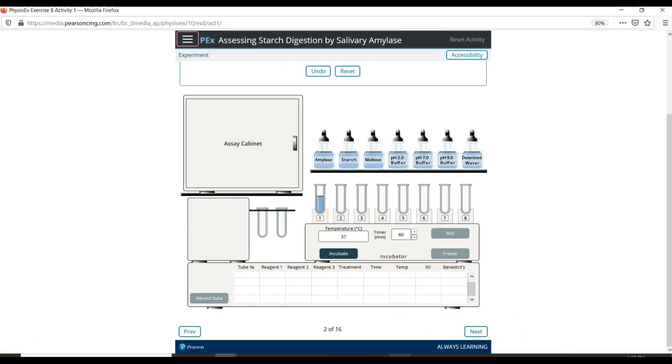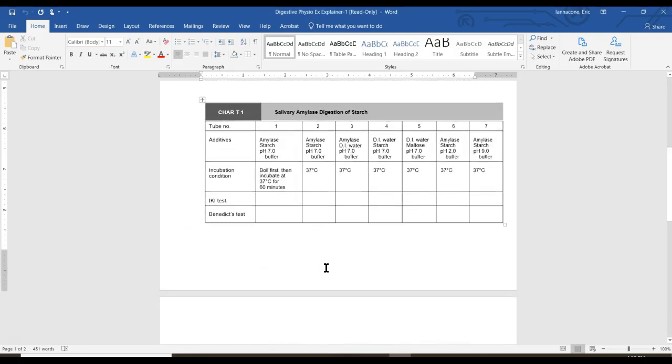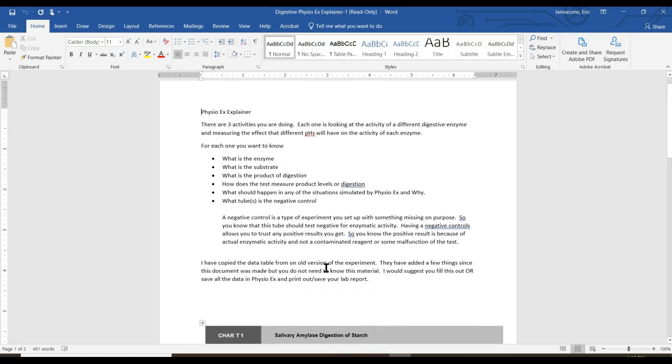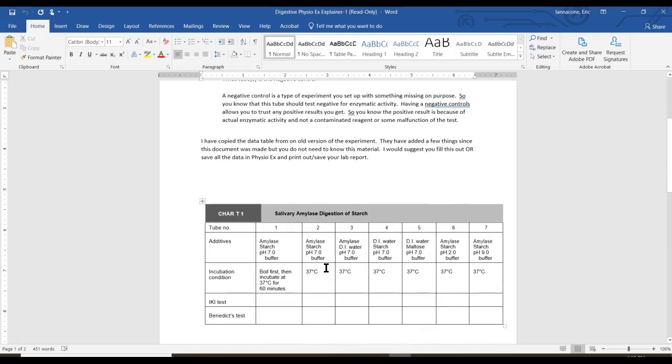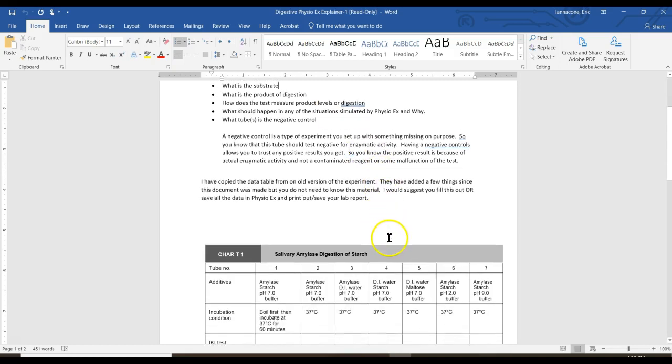So if we go back to the data table, for each one of these you've got an enzyme, which in this case is amylase, that is going to digest a substrate, which in this case is starch. The product of that digestion is sugar. So you want to know how the tests work.